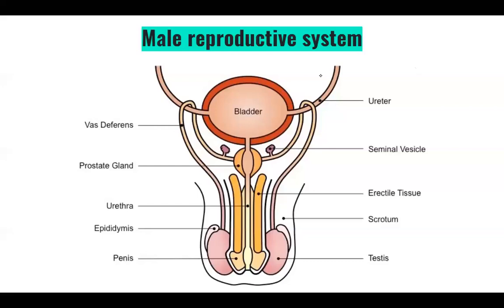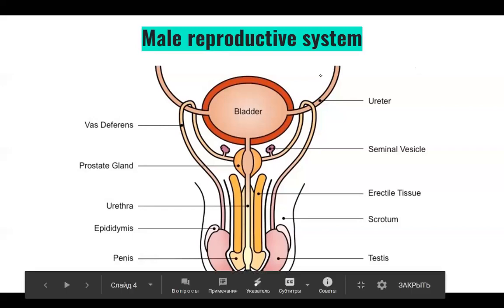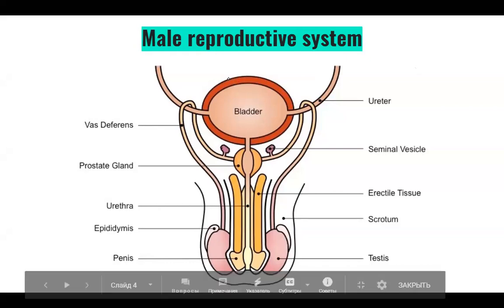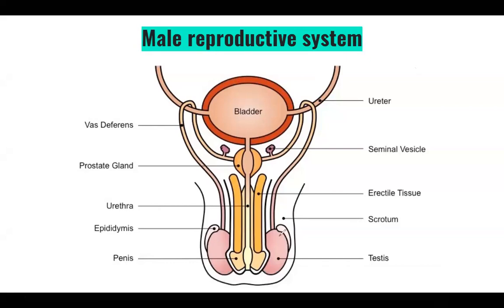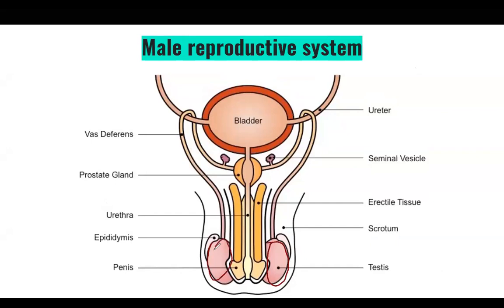So what are the functions of the parts of the male reproductive system? Let's start from the testes. There are a pair of testes which produce sperm cells. Sperm cells are the special male gametes, yeah?